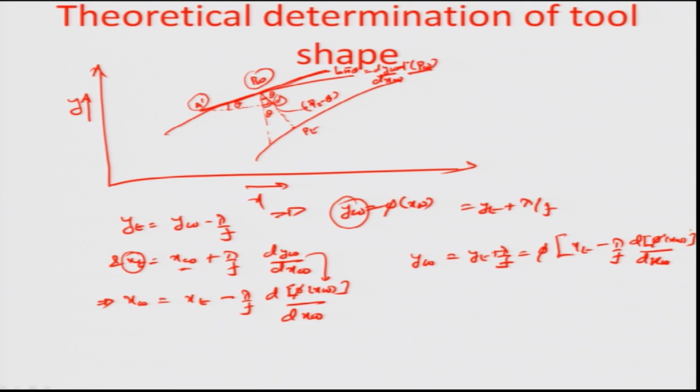That is how you write the final form of the expression, which is a map of the yt into the xt, given the map on the workpiece side of y into the x on the w or workpiece side.